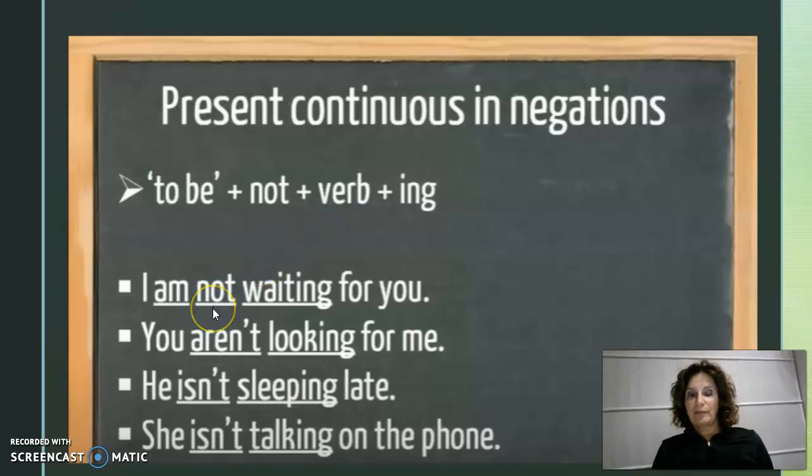Here we are. We can use a full form or a short form. I am not waiting for you. You aren't looking for me. He isn't sleeping late. She isn't talking on the phone.